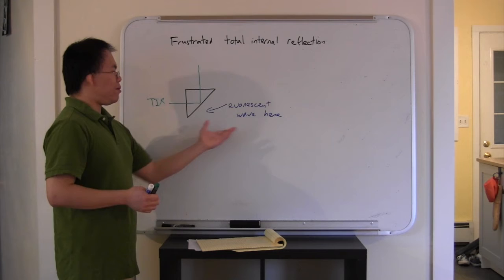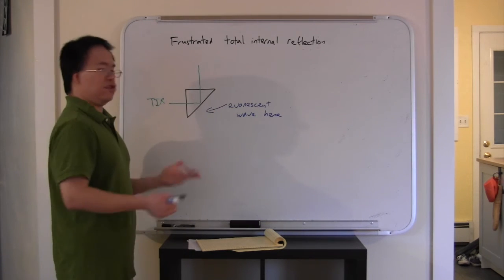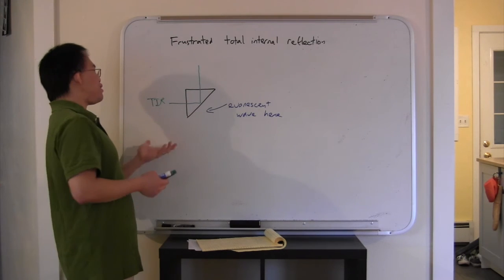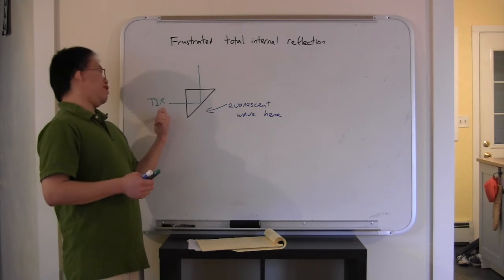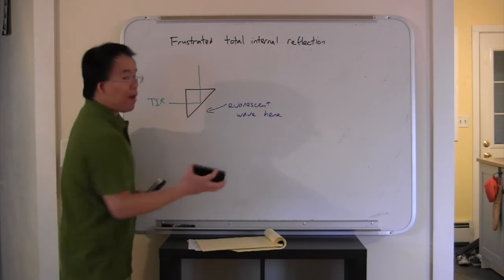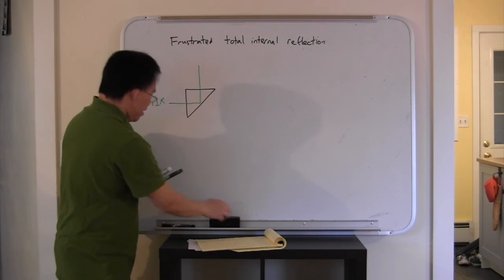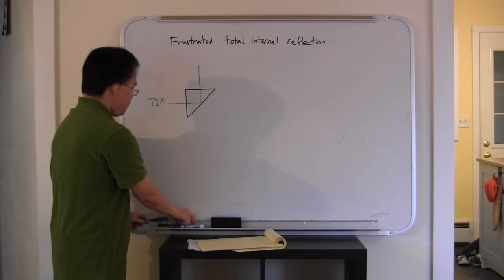But this evanescent wave carries no energy, so it's generally not of any consequence, and the main thing is really that all the energy gets reflected. However, what you can do, and what they do in the demo, is have another piece of glass.